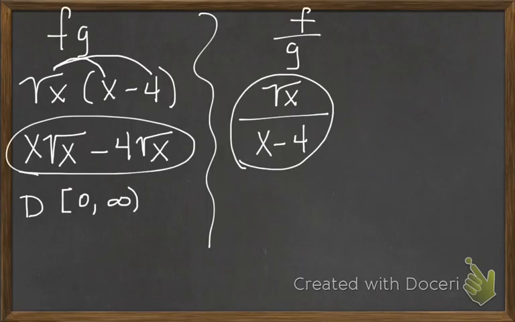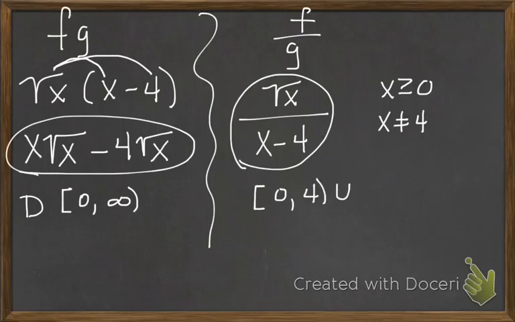Because x is under the square root, we know that x has got to be greater than or equal to 0, and we have an x in the denominator, and we know that x cannot be what value? 4. So how do I write all real numbers that are greater than or equal to 0 and not a 4? Bracket. Does that make sense? Okay.